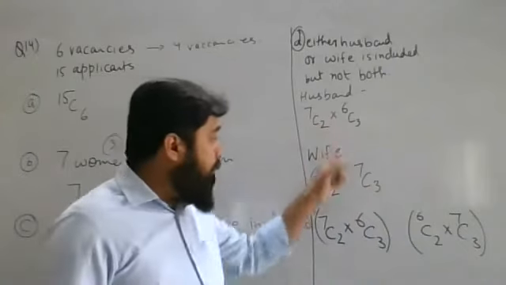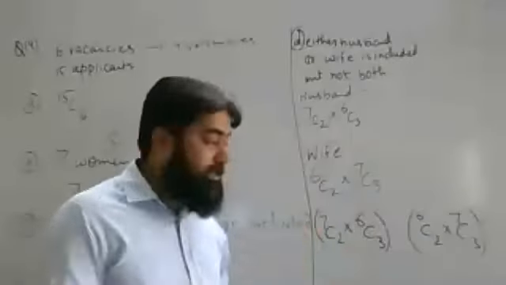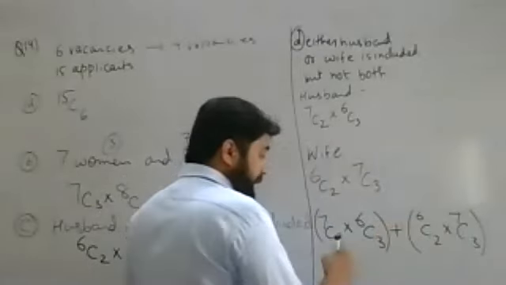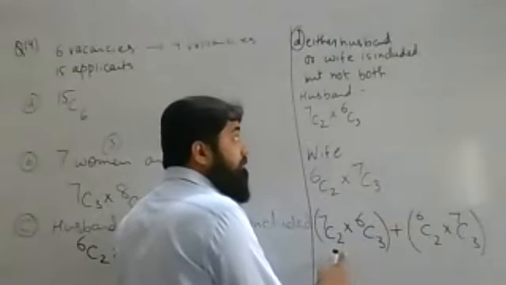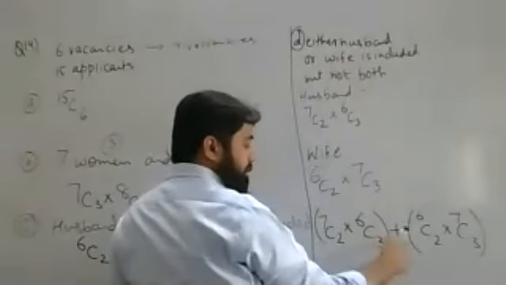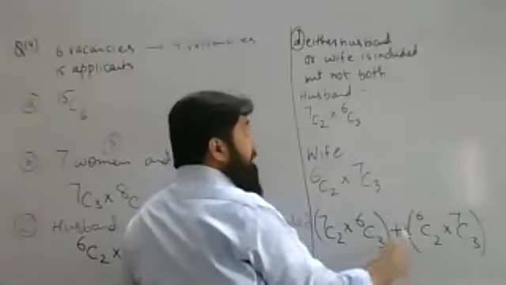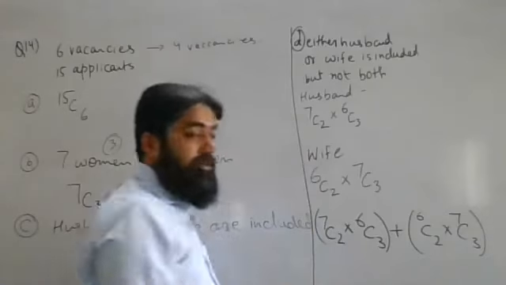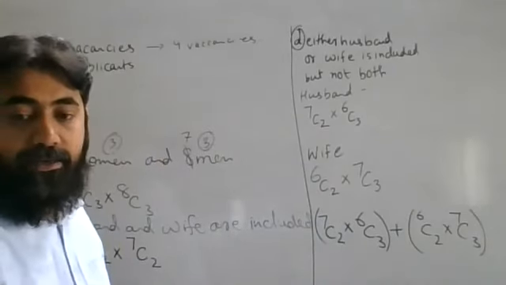Both can't be there, any one has to be there. So I will put a plus sign over here. Either husband is selected, or, means I am going to write plus, wife is included. So this is for wife. You will simplify it and you will get your final answer.